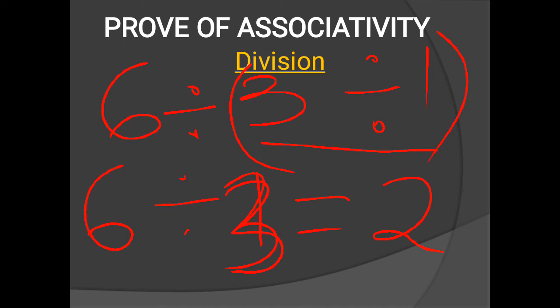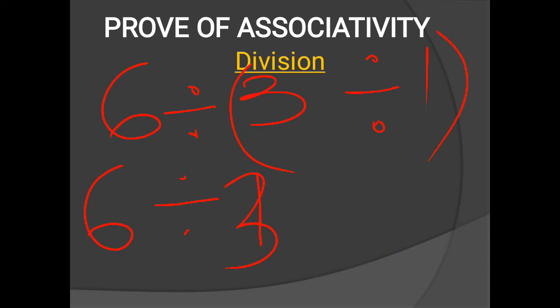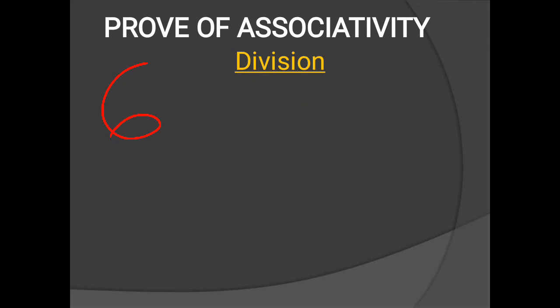So this one we had same answers, but the ones we've solved gave us different answers. The fact that one gave the same answers and the rest did not still makes it not associative, because before it can be associative, it should always give us the same answer. This is why I was saying always the same.